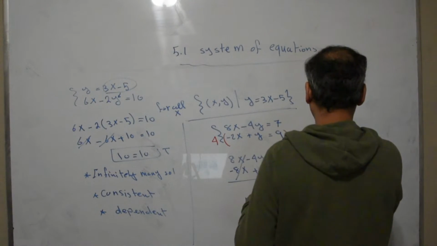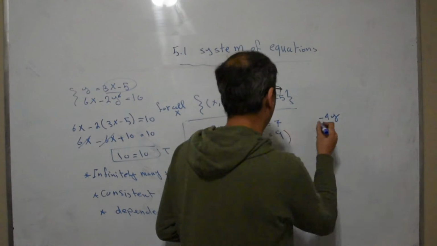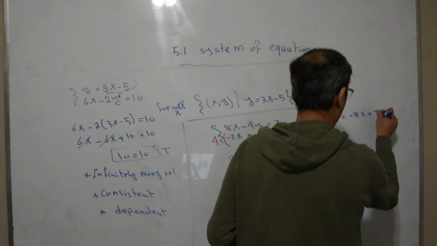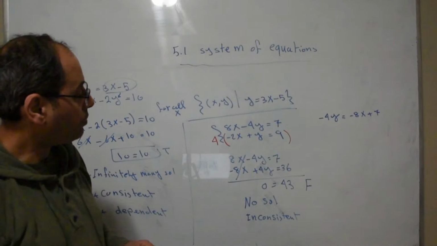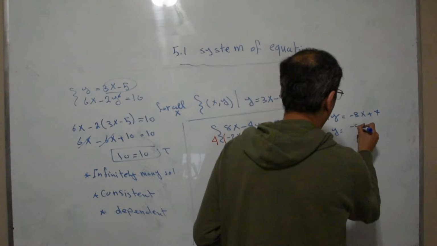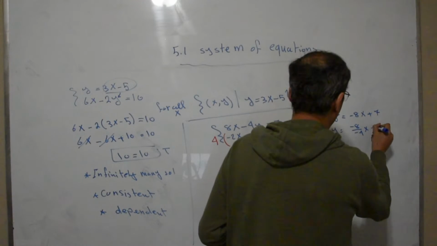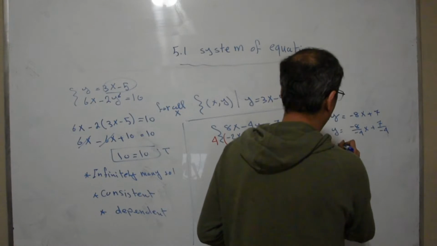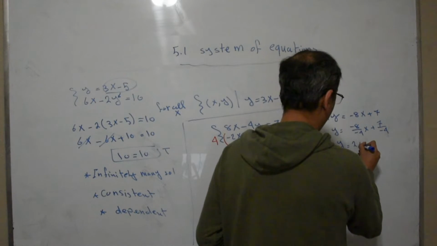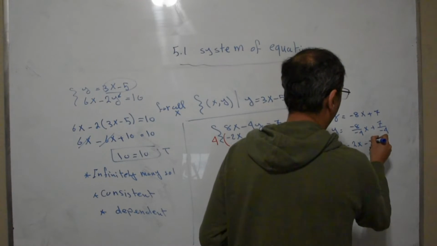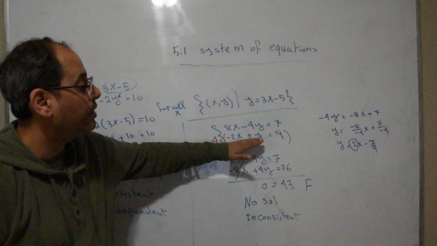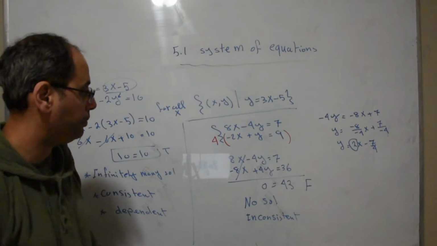So I have negative 4y equals negative 8x plus 7. So you see what I did? And now I divide by negative 4. So y equals negative 8 over negative 4 x plus 7 over negative 4. Let's clean that. So y equals 2x minus 7 over 4. Therefore, the slope here is 2.